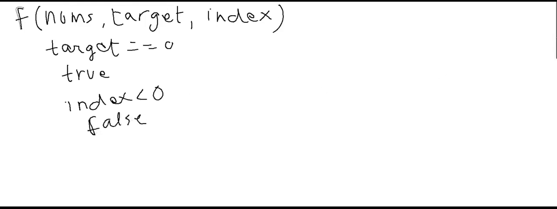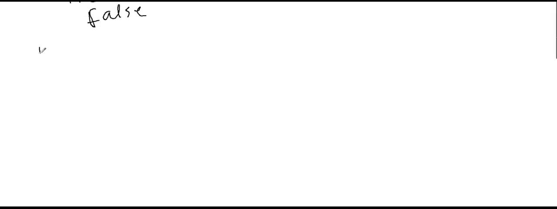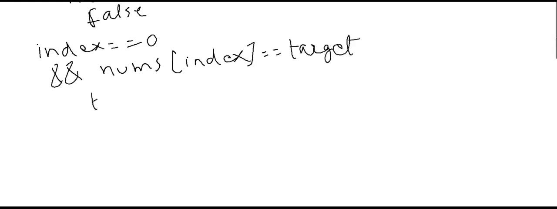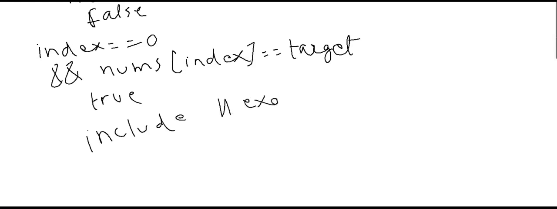Right? And another base case was if our index is equal to 0, that is the last element, and nums of index is equal to target, then we return true, or else we do include and exclude, and we return whatever the result is for that, right?